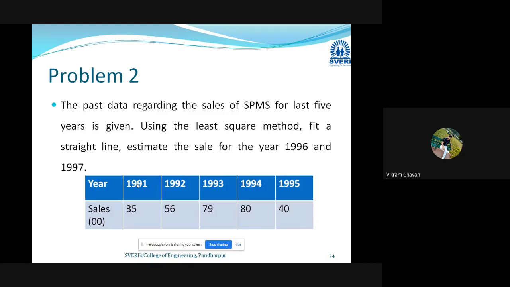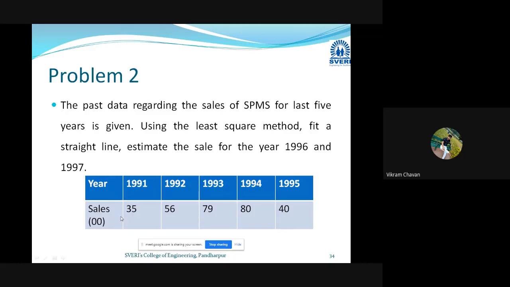N, and tell me summation of y. N is 5. Okay. And summation of y? Summation of x will become 0.